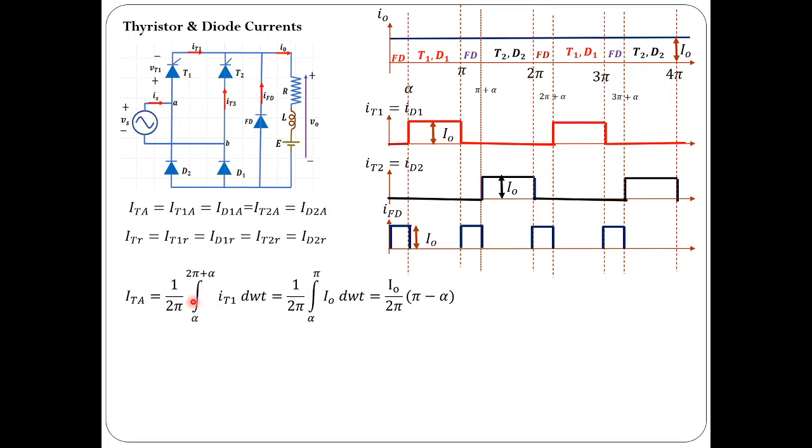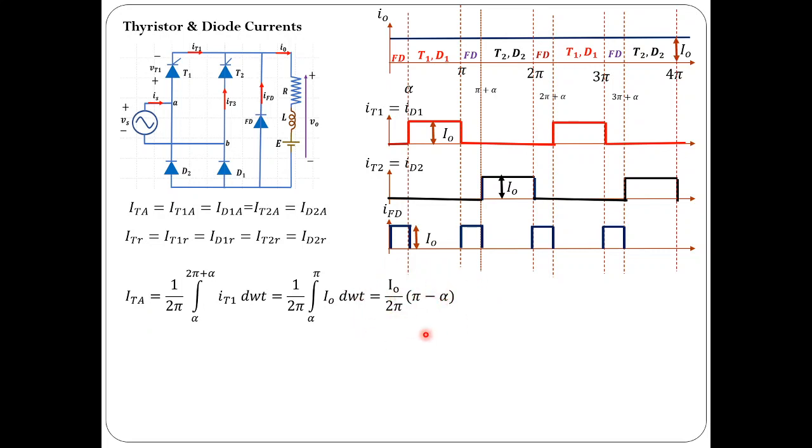If you compute using the formula, this is the formula to compute average value. During this period you can see that the value of the thyristor 1 current is equal to I naught from alpha to pi, and remaining period it is going to be 0. So substitute that, you will get the average value of thyristor current is equal to I naught into pi minus alpha by 2 pi.